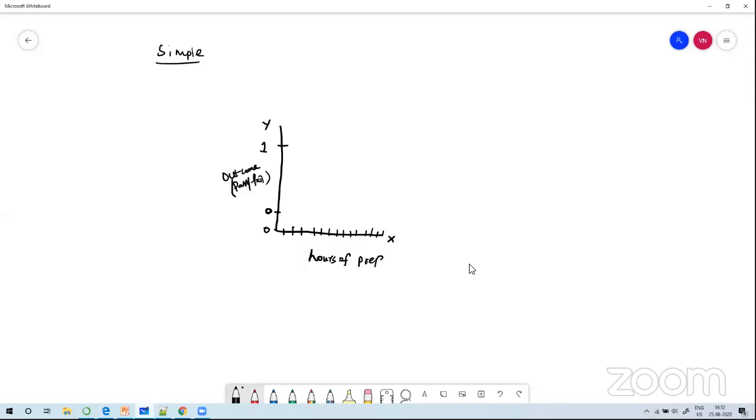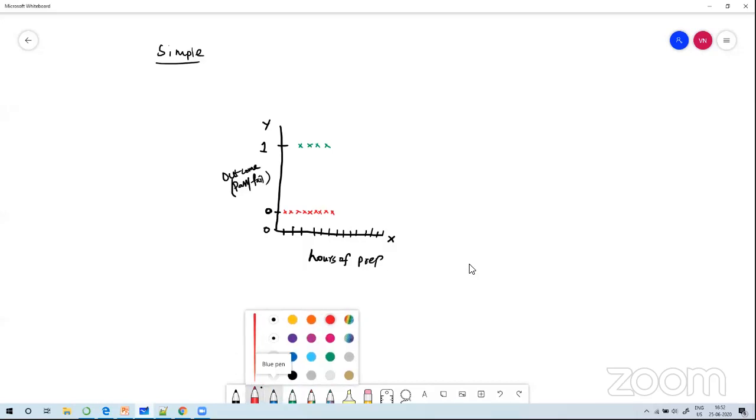Now, a lot of people who prepared for fewer hours, most of them failed the exam, and a couple of them, though they prepared for fewer hours, are able to pass the exam. And a lot of people who prepared well, that means who prepared more for the exam, have definitely passed the exam.